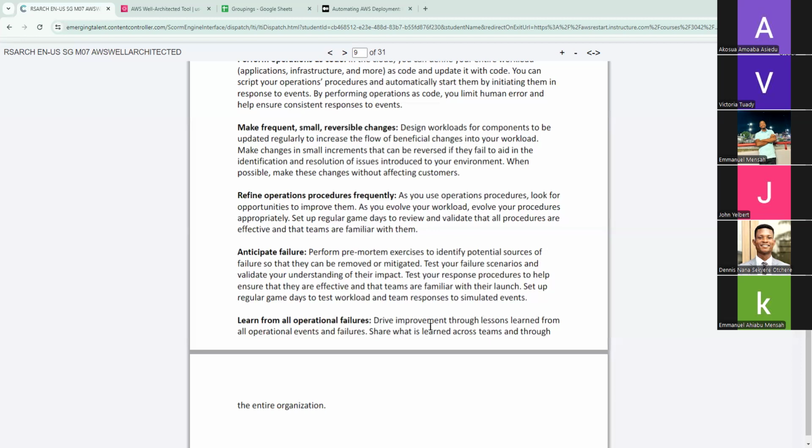Okay, so when we talk of operations and operational excellence, every provision may break or fail at a point in time. You may have a very great adoption and all of that, but at a point in time, you would have a problem.